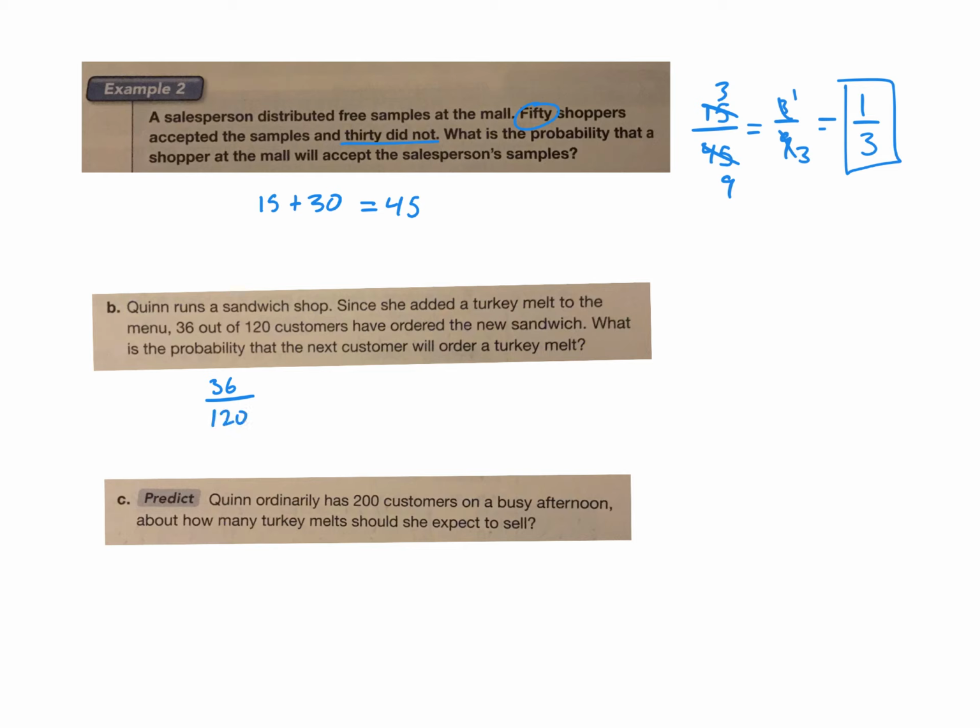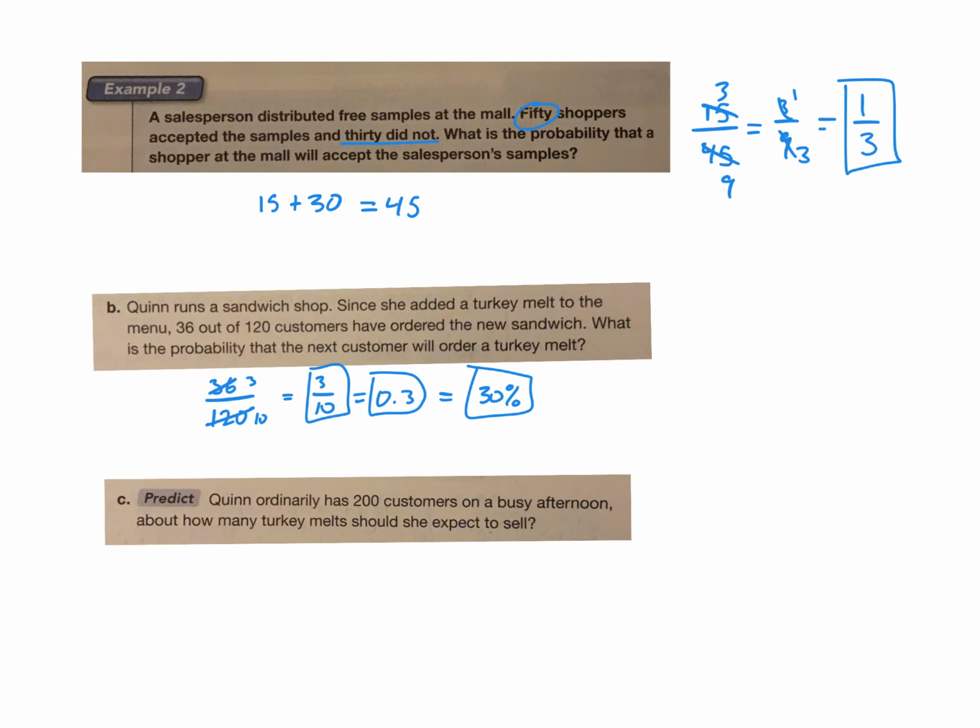I see that 12 goes into both of those. It goes in this one 3 times, and into that one 10 times. So probability would be 3/10. We could also write that as a decimal, which would be 0.3, or as a percent, which would be 30%. So any one of those would be fine. The 3/10, 0.3, or the 30%.